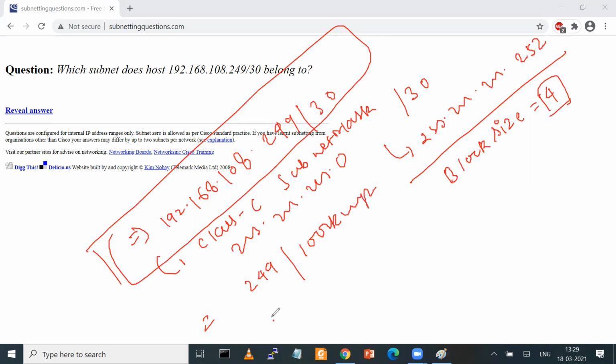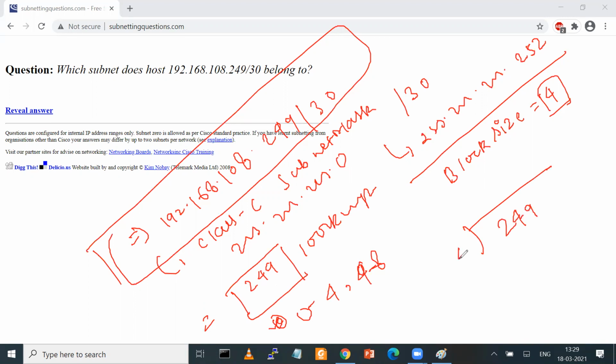Guys, if your number is quite large, instead of matching like 4, 8, 12, you can just divide by the block size, the number which you are looking for.